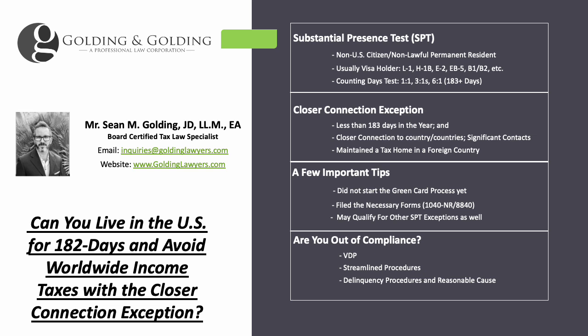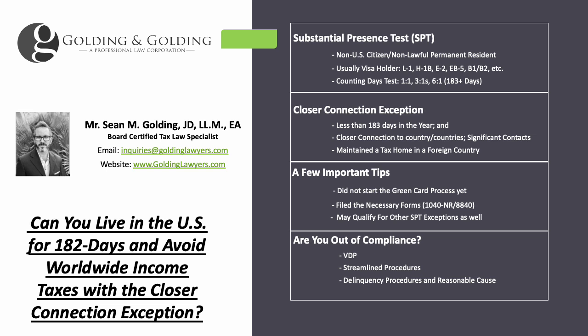So the way it works technically is that let's say you're here on a visa. Based on the number of days you were here in the current year and the 2 preceding years, you exceed the number of days, so you meet the substantial presence test, which now means you're taxed on your worldwide income, just as if you were a citizen or a lawful permanent resident.